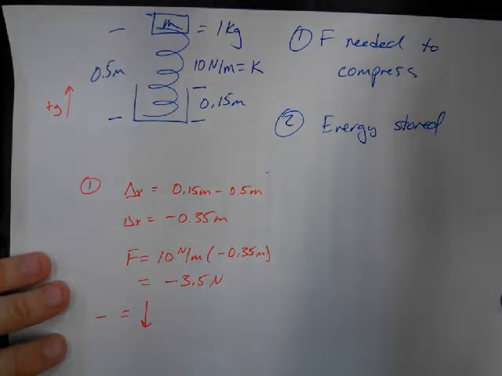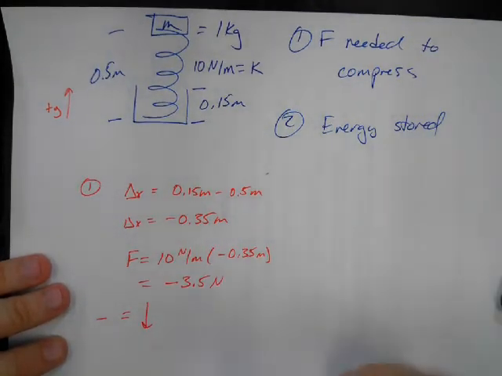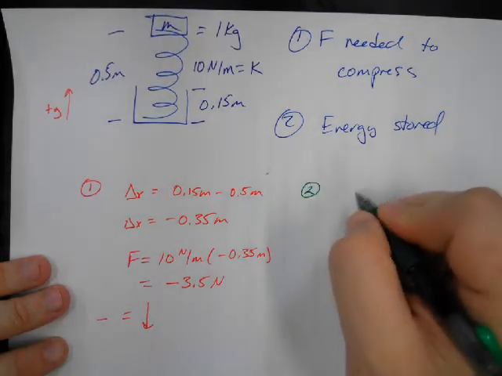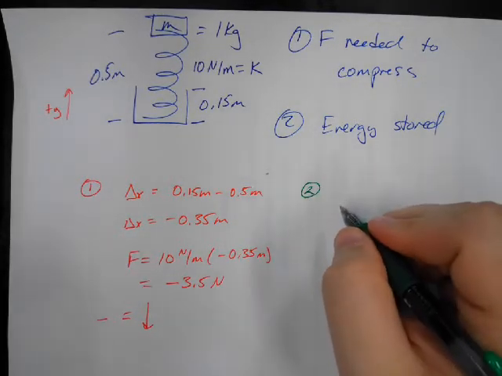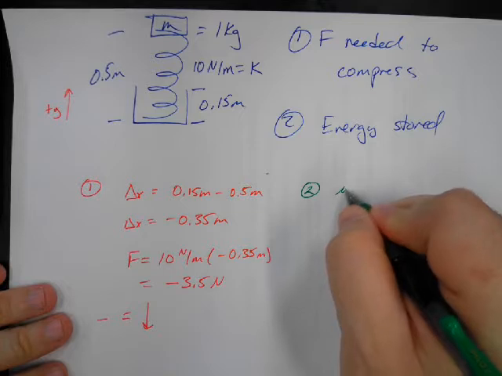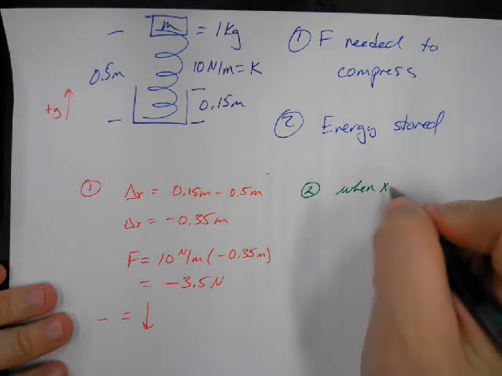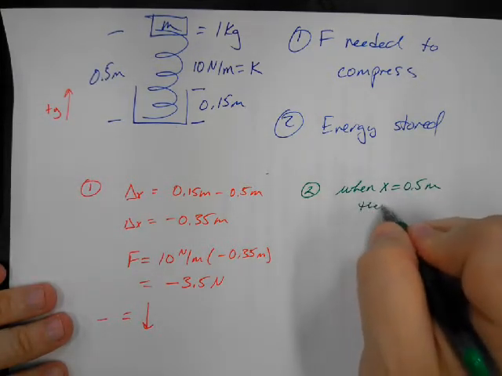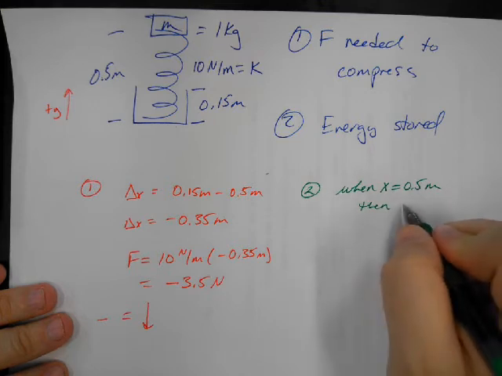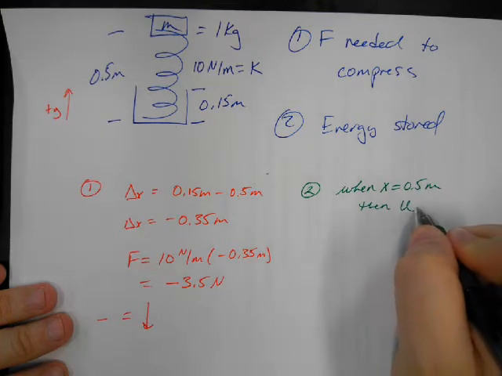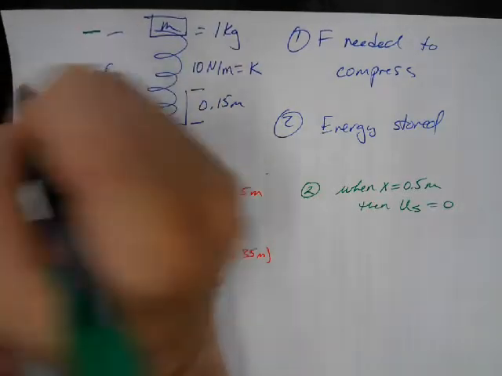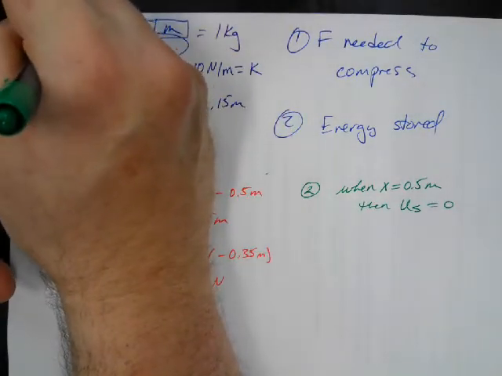We're taking our measurements upwards as plus y. That's fairly straightforward. Now the second part is the energy, and the energy is easy enough. The natural uncompressed length is when x is 0.5 meters, and then the energy of the spring is 0. We're defining this point as effectively x is 0.